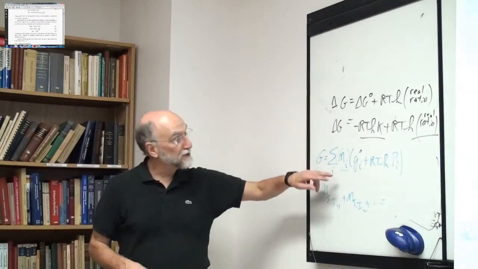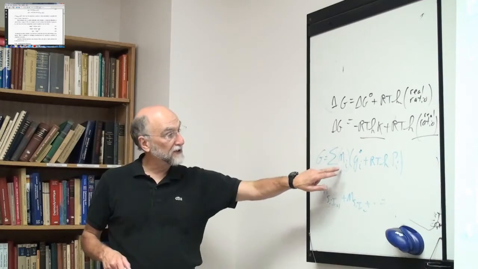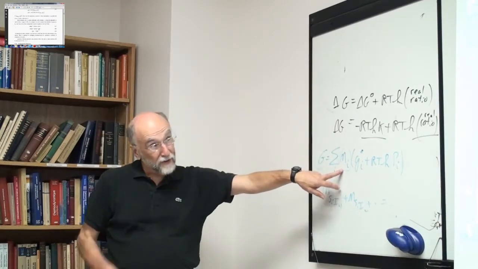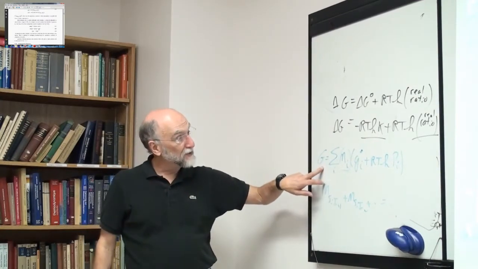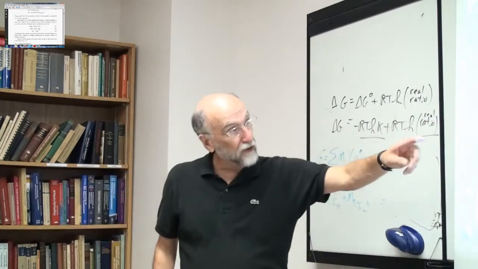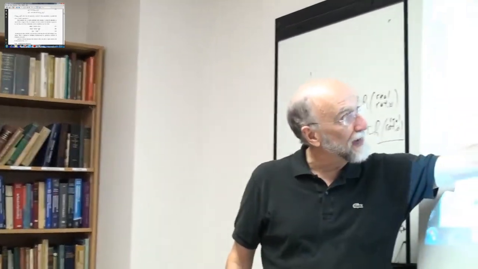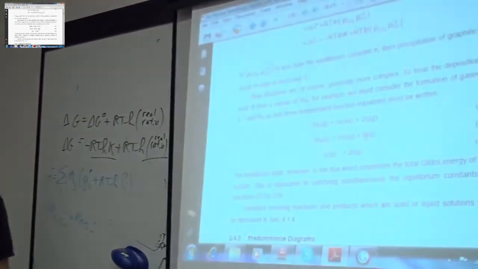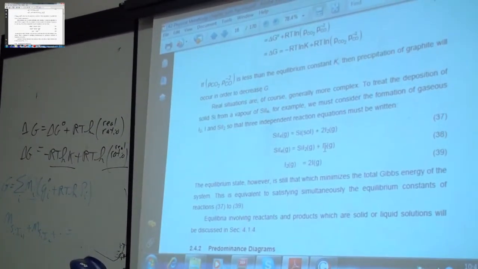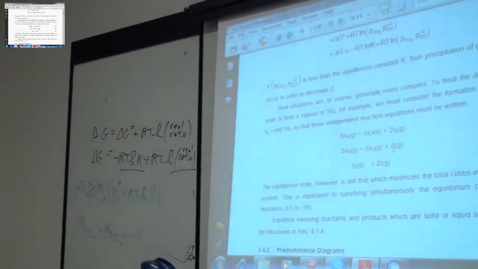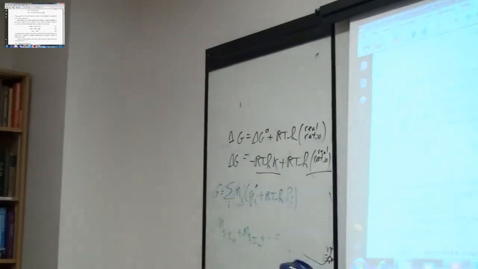Once you've found the number of moles of every particular gas, and silicon as well, that minimizes the Gibbs energy, if you were then to put those mole numbers back into the equilibrium constants, you'd find that all the equilibrium constants were satisfied. So satisfying all the equilibrium constants or minimizing the total Gibbs energy, same thing.